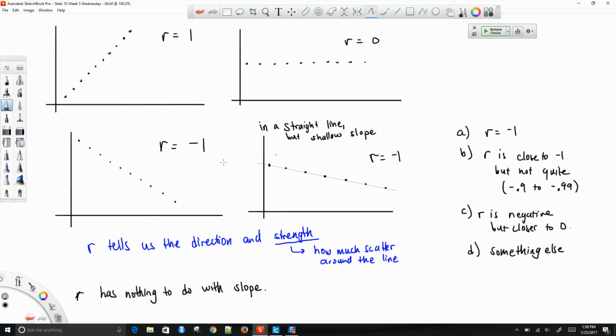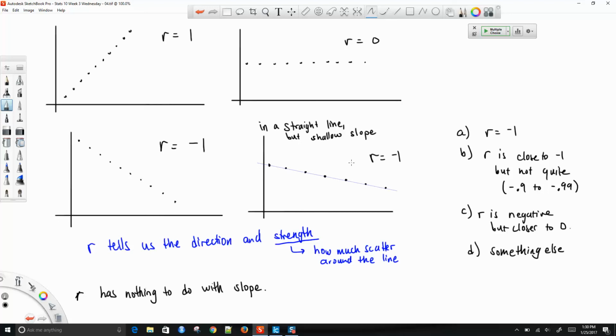If we had this line rotating from up to down, r would be 1, 1, 1, 1 until it gets flat, then it's 0, and then as soon as it starts pointing negative, r becomes -1. It's not a nice smooth curve or anything like that.